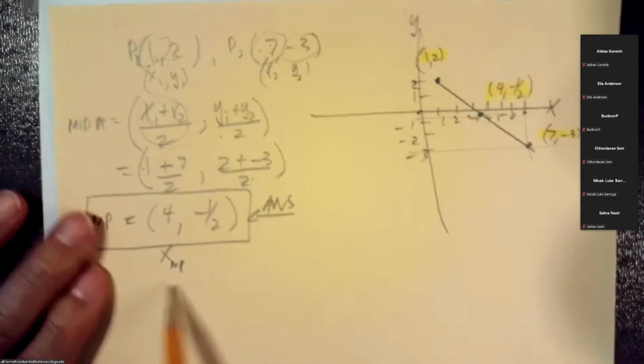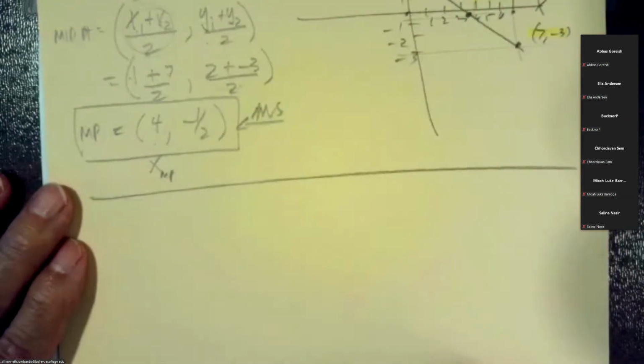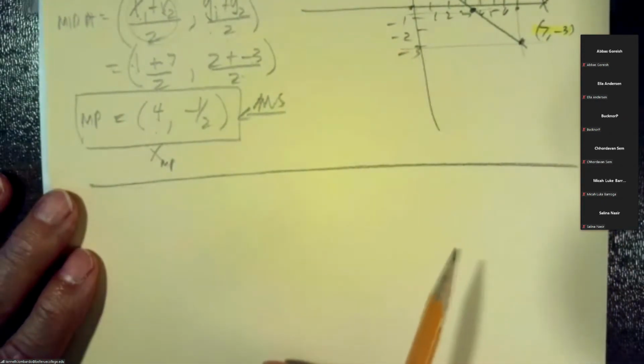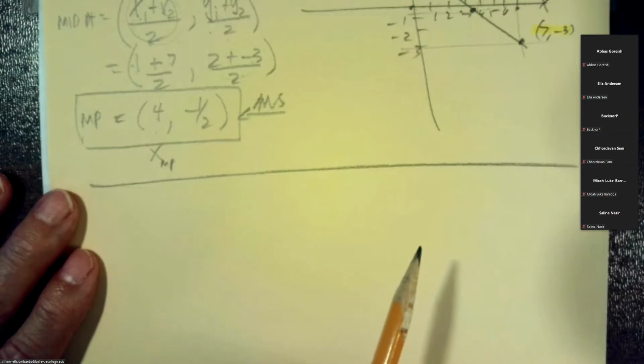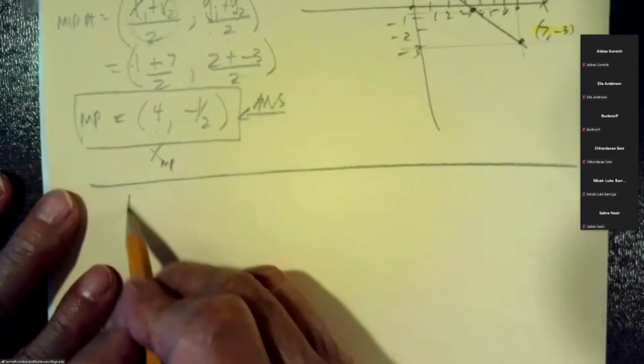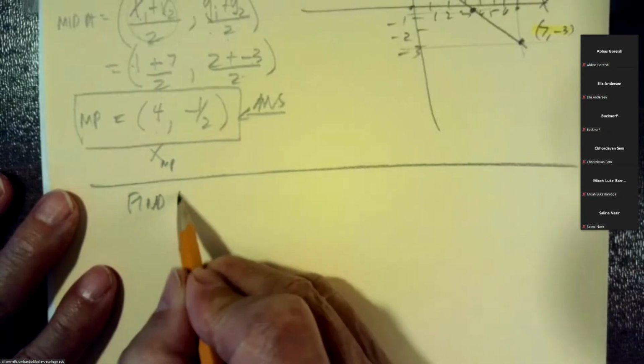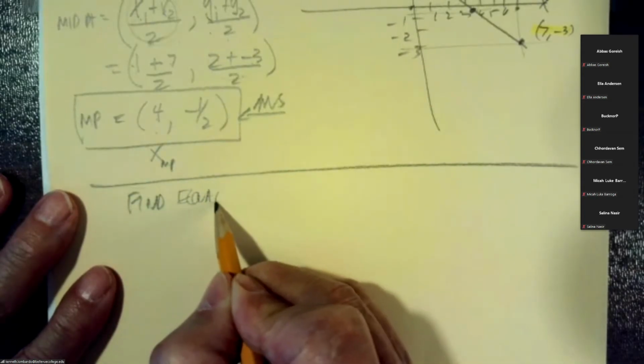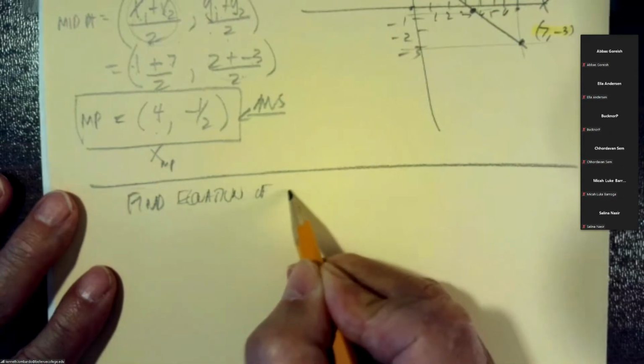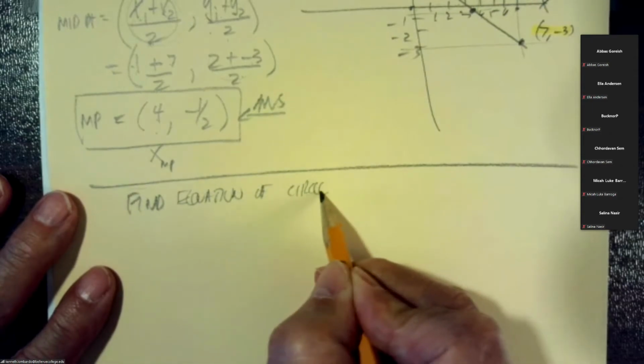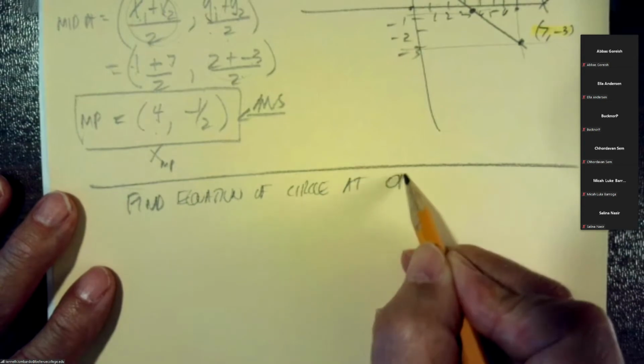Let's say we're asked, and this is kind of an interesting and fun one, to come up with the equation of a circle at the origin. Find the equation of a circle at the origin.